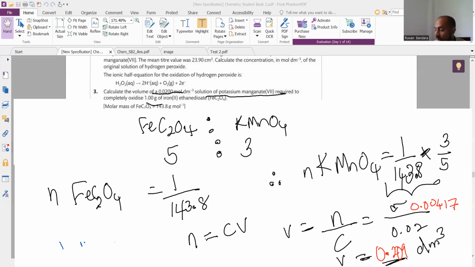Or else you can say it's 209 cubic centimeters. Shall I erase? I assume that you are done with this, so I'm moving to the next one.